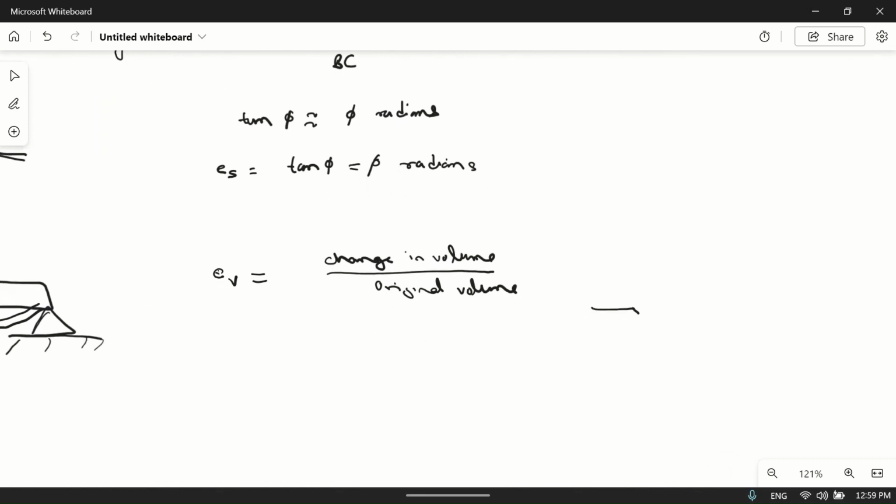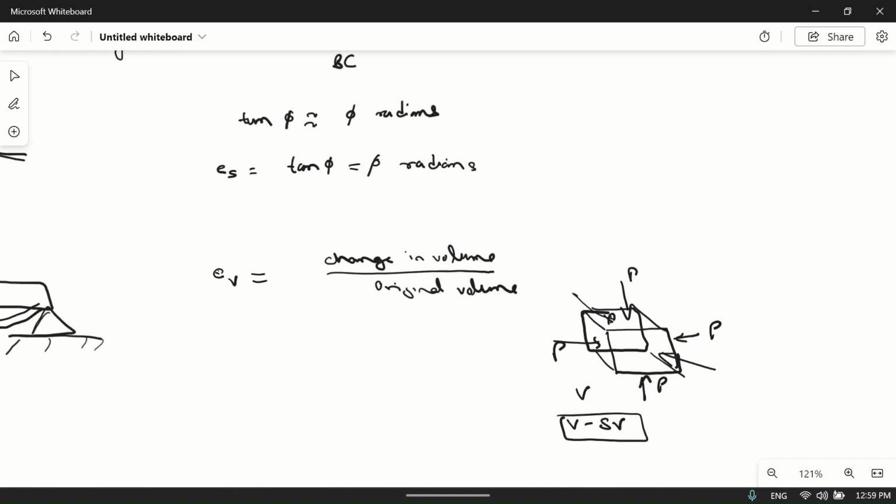Suppose there is a cube and we are applying forces P on all the surfaces. It has 6 surfaces. Suppose its volume initially is V, and the volume has become V minus delta V. Delta V is the reduction in volume, then volumetric strain will become delta V divided by the initial volume.